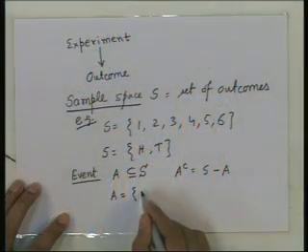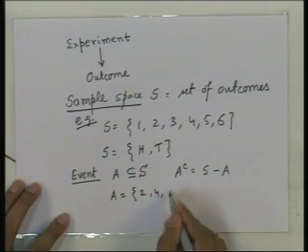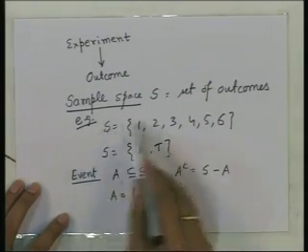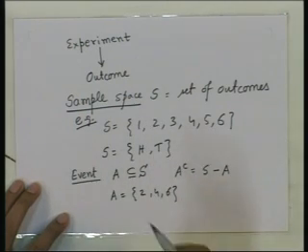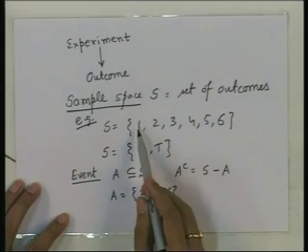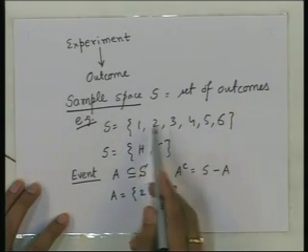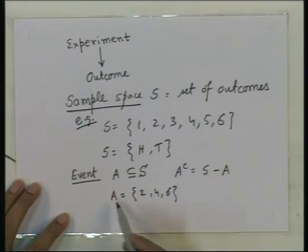For example, we can take A to be the set of even numbers 2, 4, 6, that is a subset of this sample space. And if the die is fair, that is if the probability of each of these numbers is the same and equal to 1/6, then what is the probability of this event A?